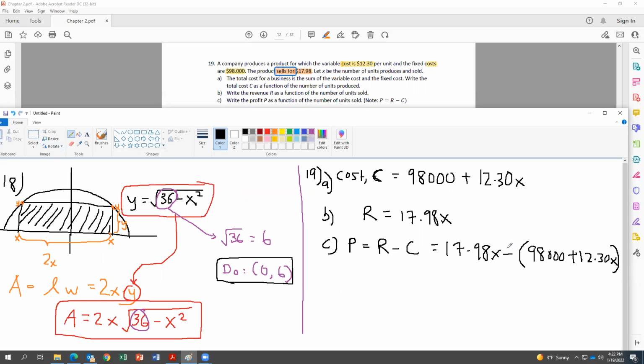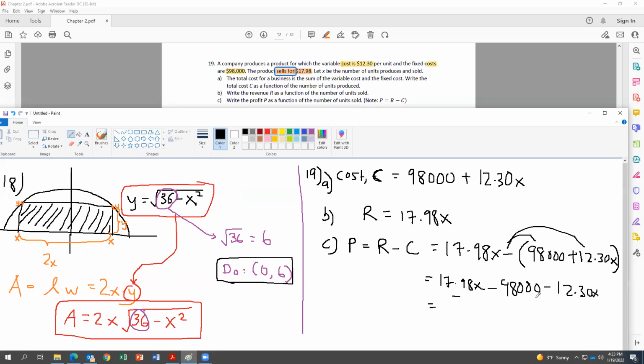The reason you need parentheses is because of the negative. So it's 17.98x minus 98,000 minus 12.30x.